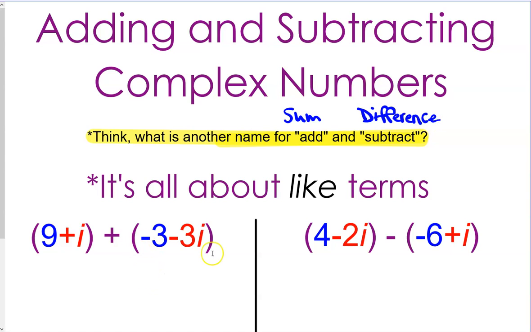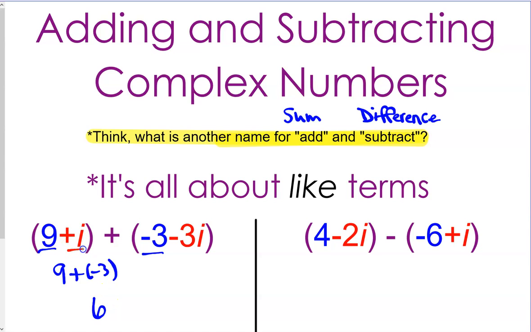So here, if I want the sum of these two complex numbers, we're going to add together like terms, just like we're used to. I'm going to combine my real parts, and I'm going to combine my imaginary parts. My real parts in this first one, I have 9 and I have -3. So it becomes 9 plus -3, which is 9 minus 3, which is 6.